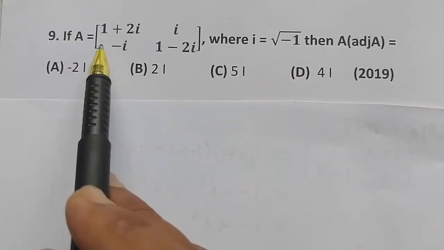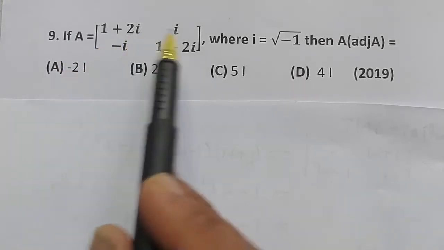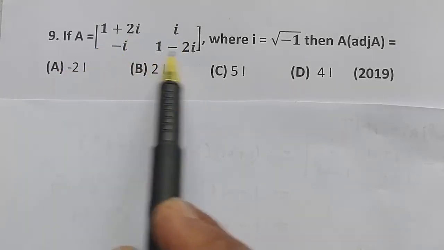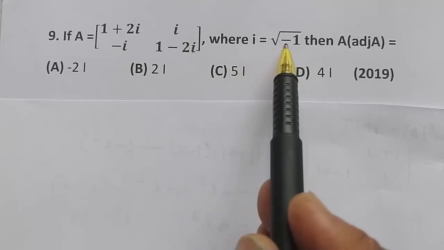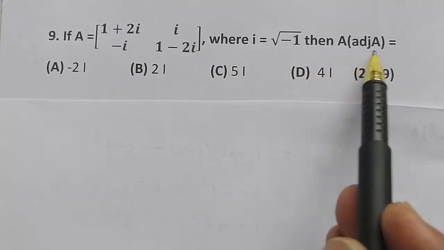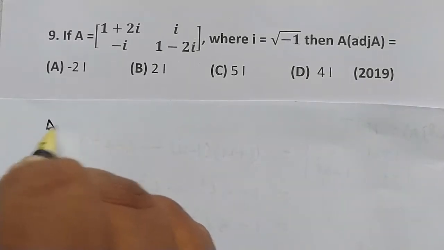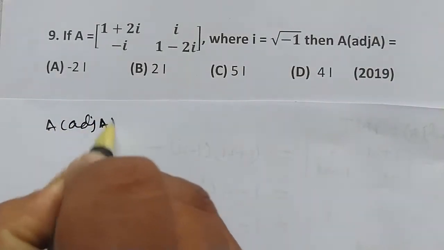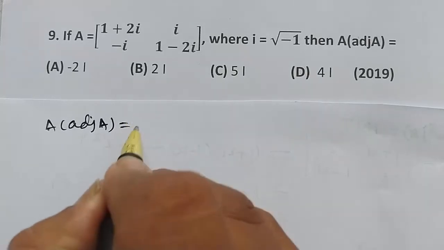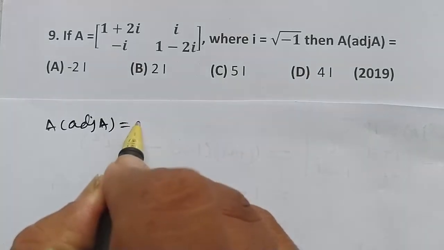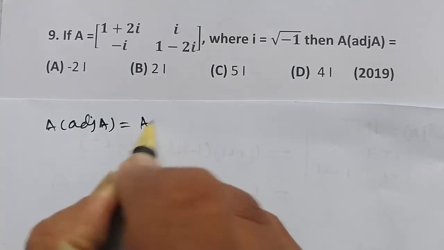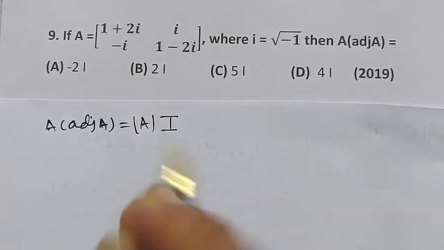9. If A is equal to matrix [1+2i i; -i 1-2i], where i is equal to under root of minus 1, then A into adjoint of A. Now A into adjoint of A is equal to determinant of A into identity matrix.